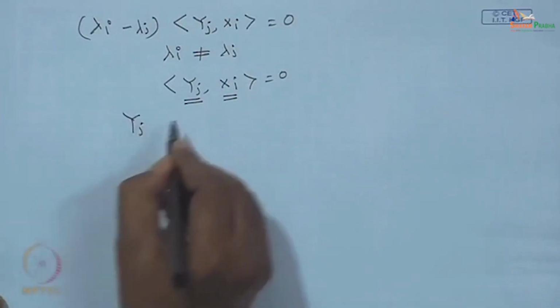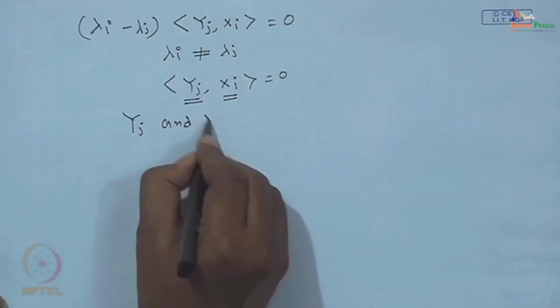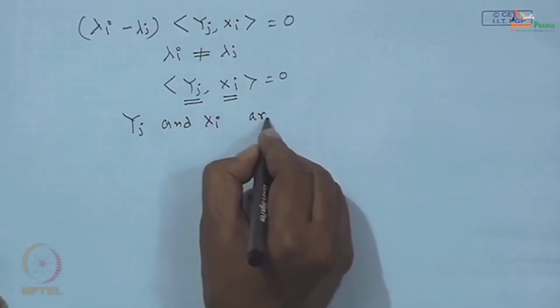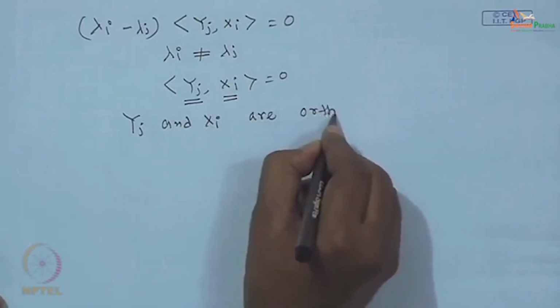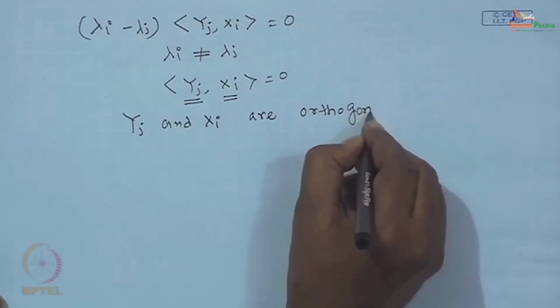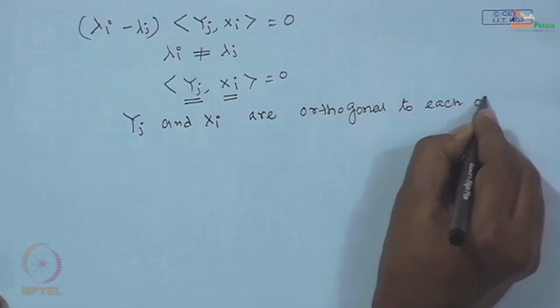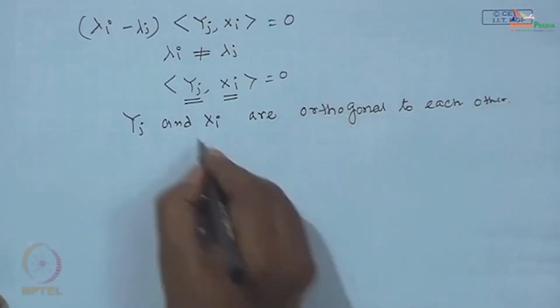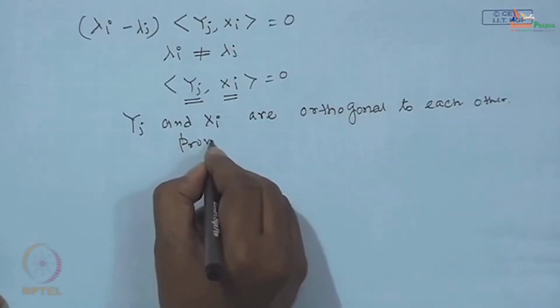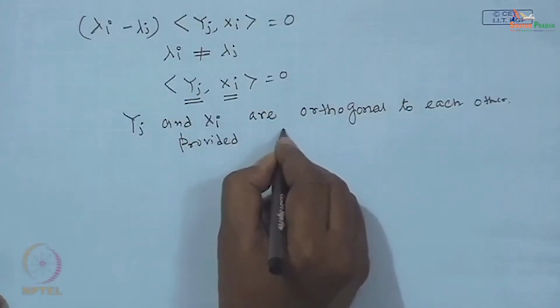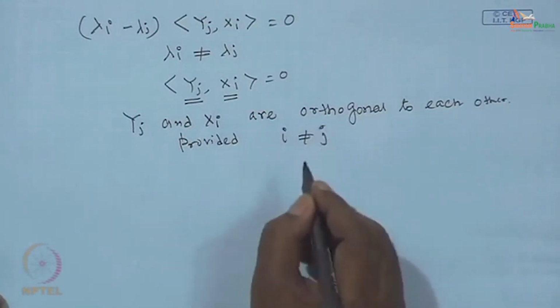So, y j and x I are orthogonal to each other, provided I is not equal to j.